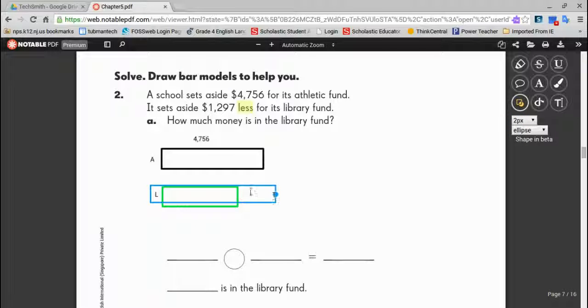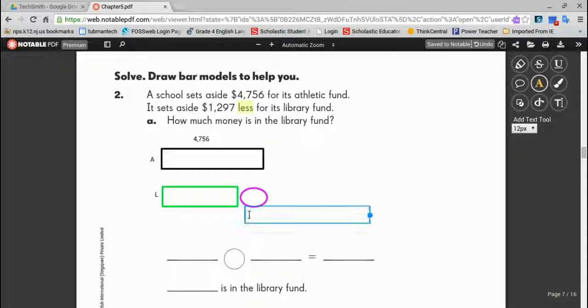So in my empty space right here, I know that that is how much less my library fund is. So that's 1,297.